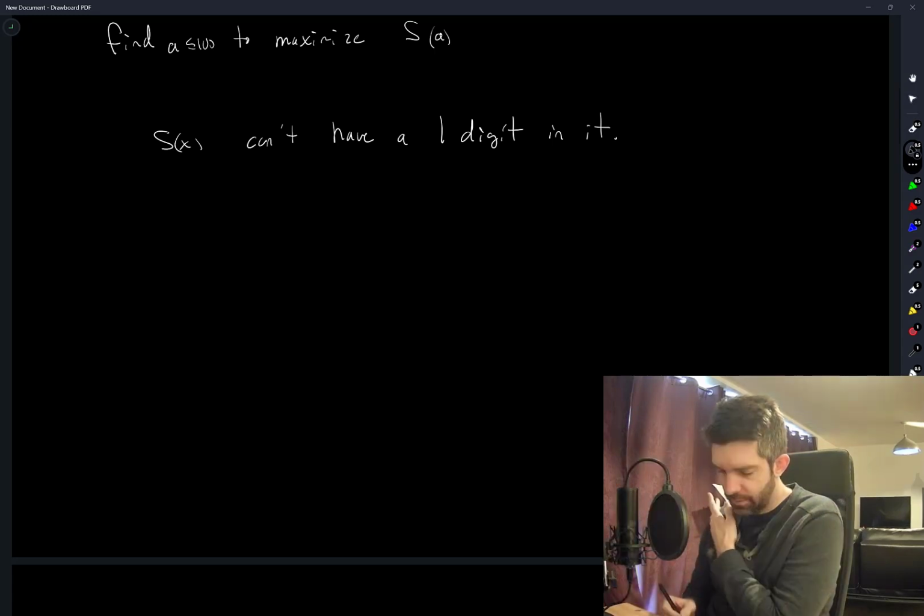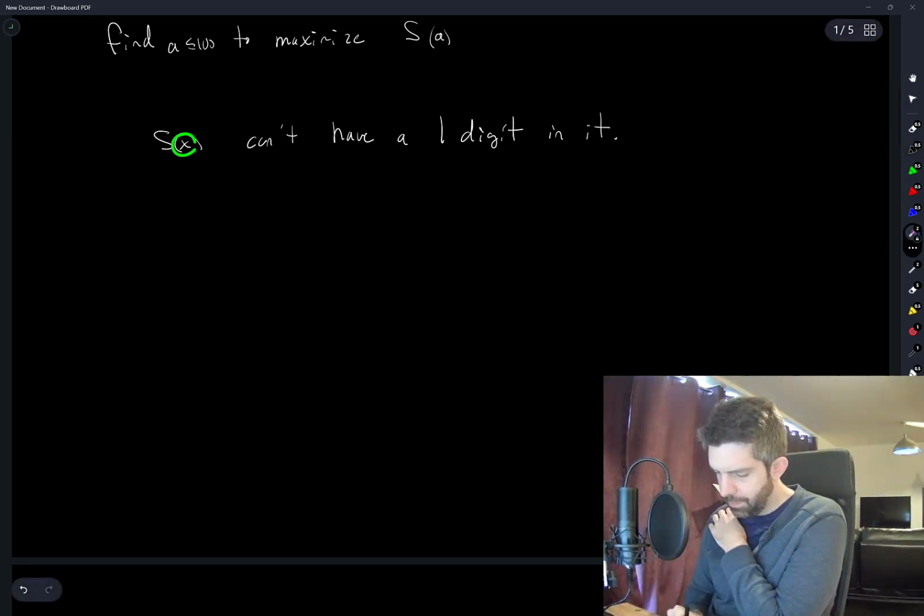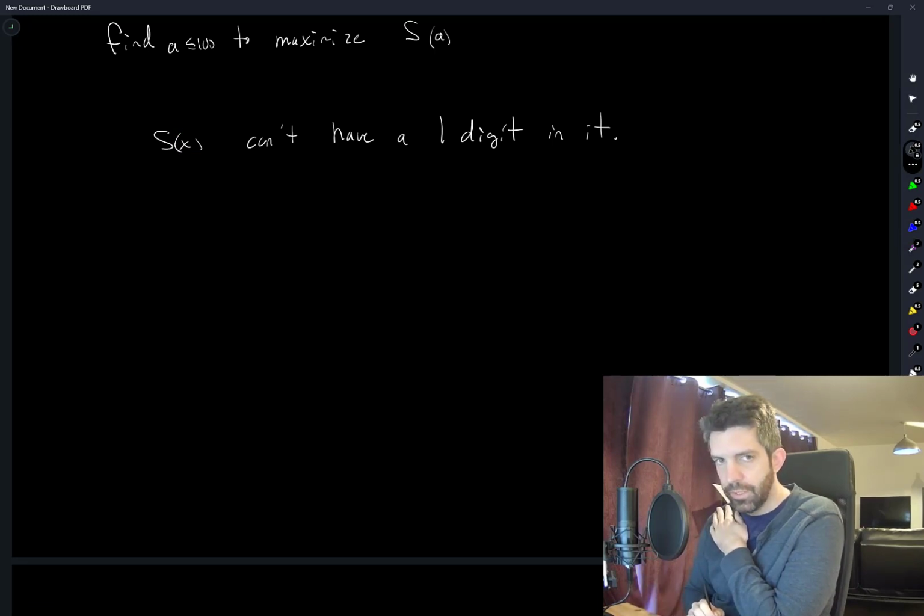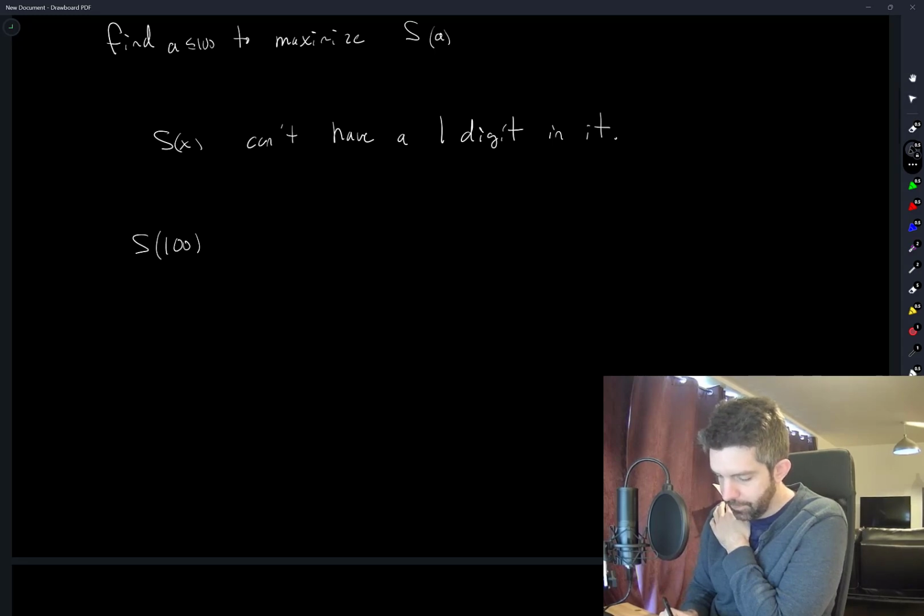If I take, like, let's experiment. I'm going to choose a couple of arbitrary values of x less than or equal to 100 and just see what happens here. Well, let's compute s of 100 for one thing. So 100 is equal to 2 times 2 times 5 times 5.